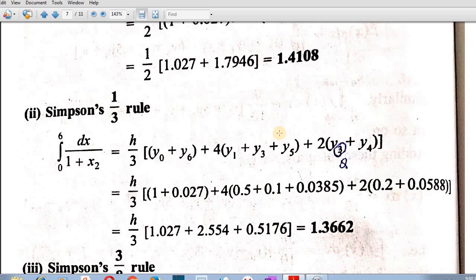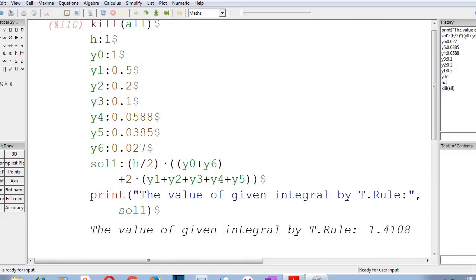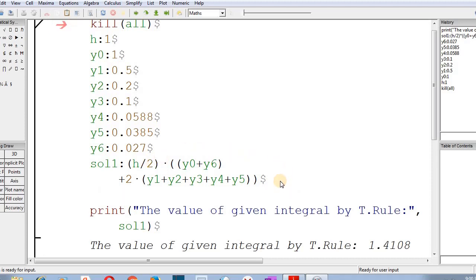Now I can just change the same solution. I will change the formula here only. Second rule is what? I can use solution 2 here only. I will type solution 2.